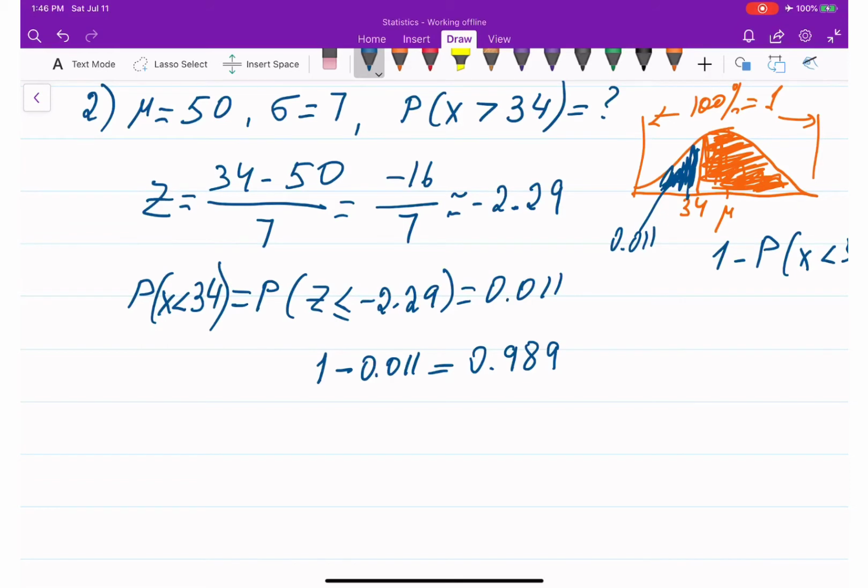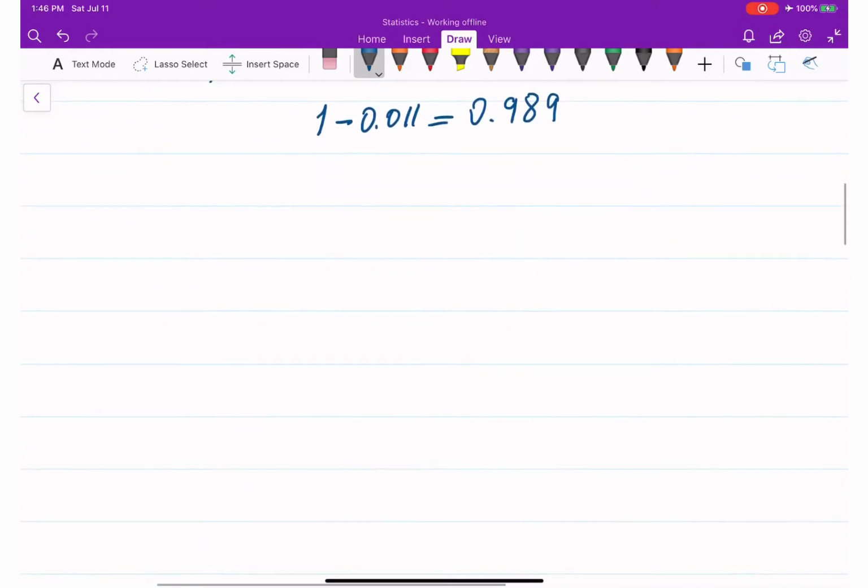All right, now let's solve the first problem. Assume the random variable x is normally distributed with the mean equal to 88 and standard deviation equal to 4.